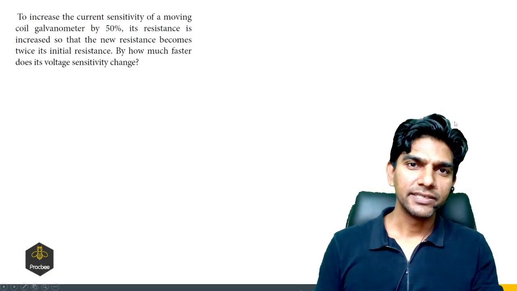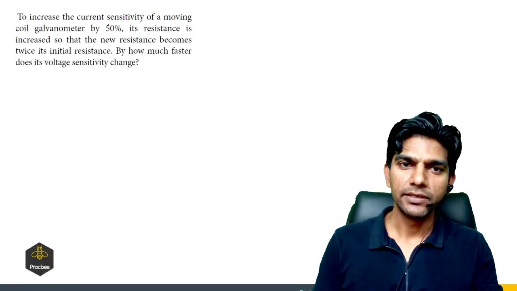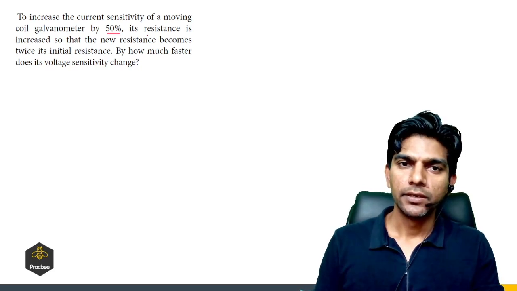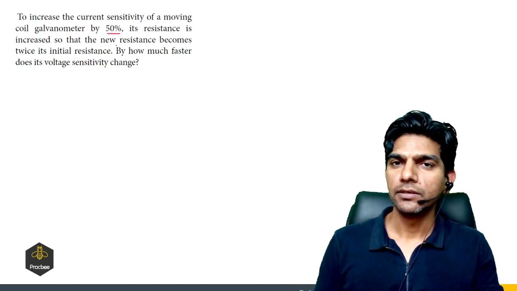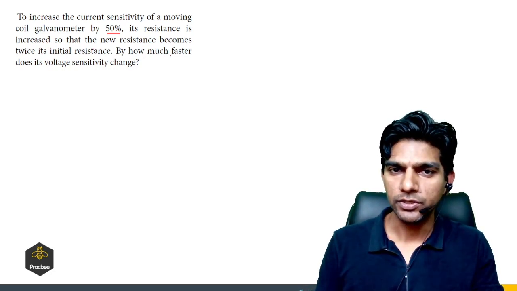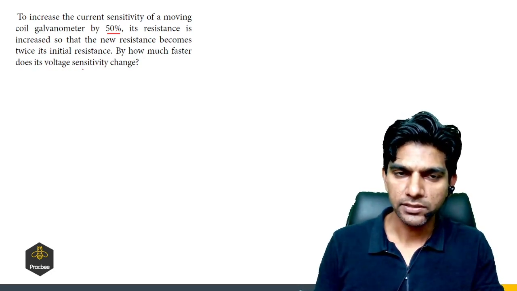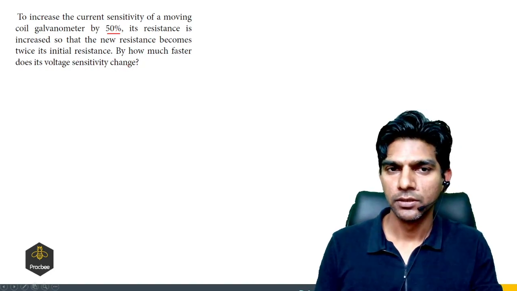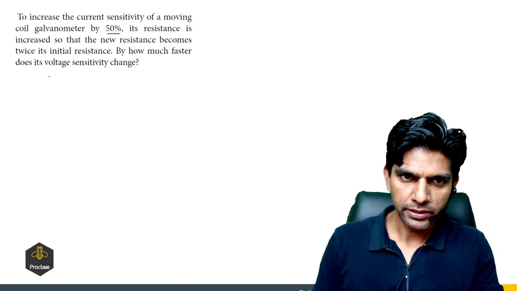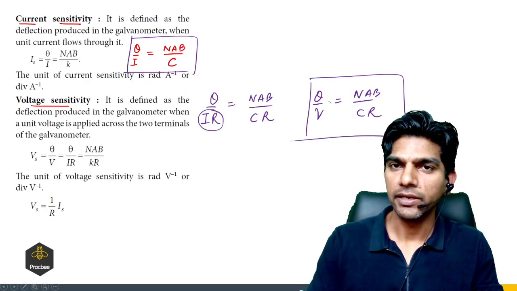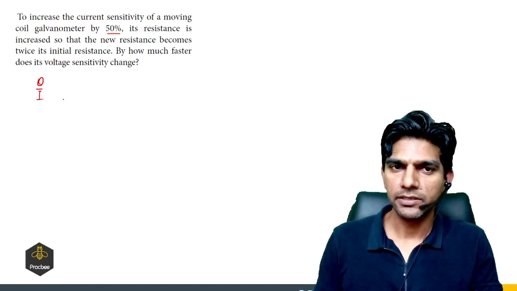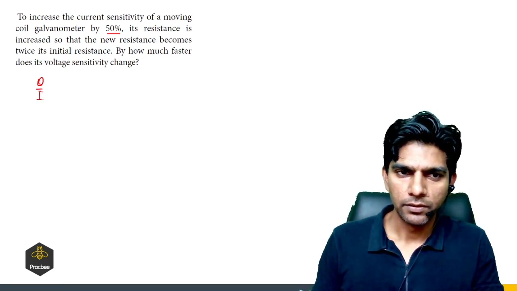Right, so now let us see the illustration. To increase the current sensitivity of a moving coil galvanometer by 50%, its resistance is increased so that the new resistance becomes twice its internal resistance. By how much does its voltage sensitivity change? Okay, right. So we know the current sensitivity, which is theta by I, this is the original value.